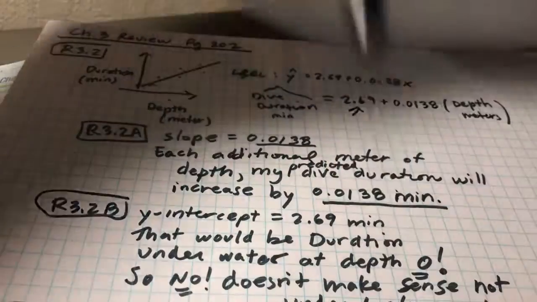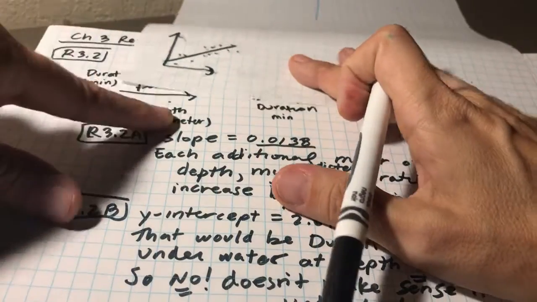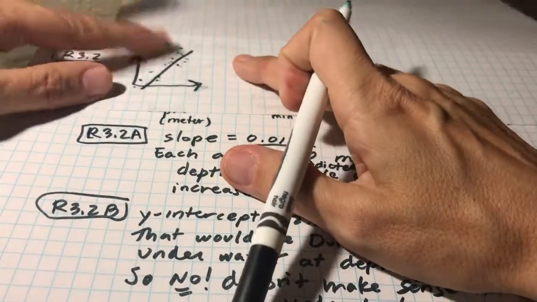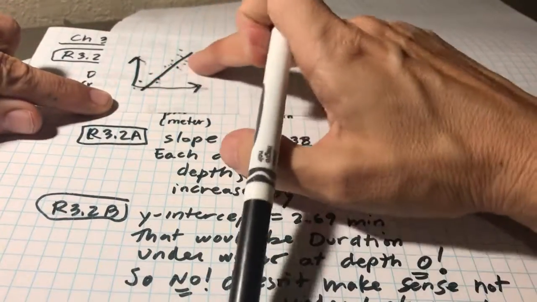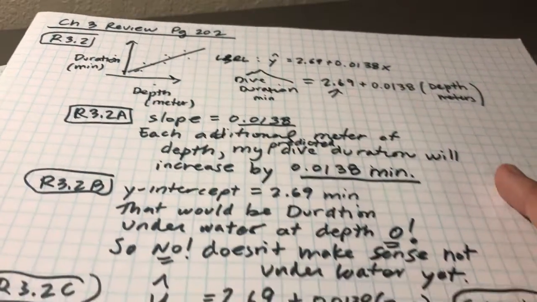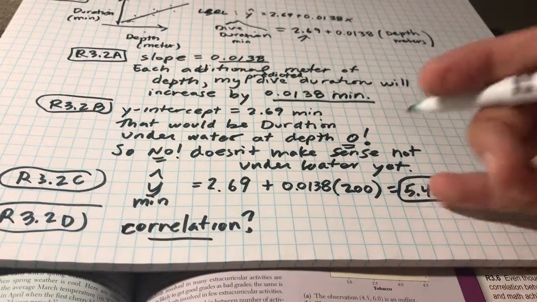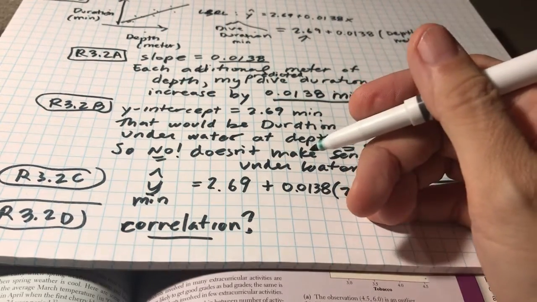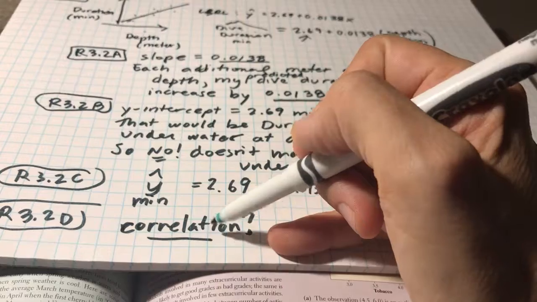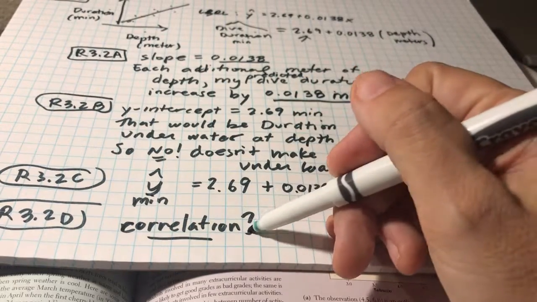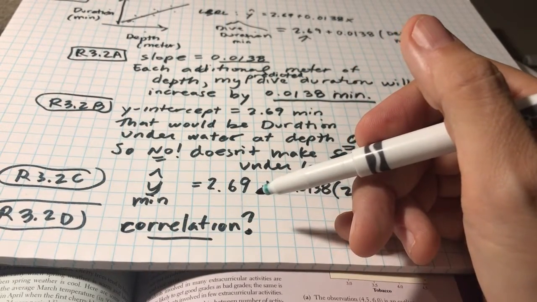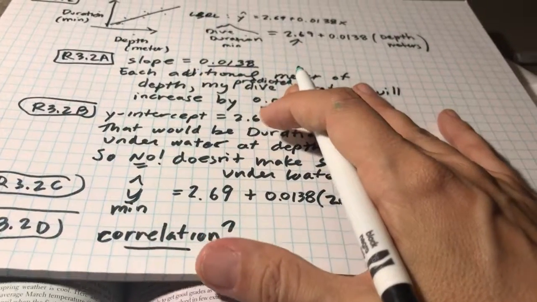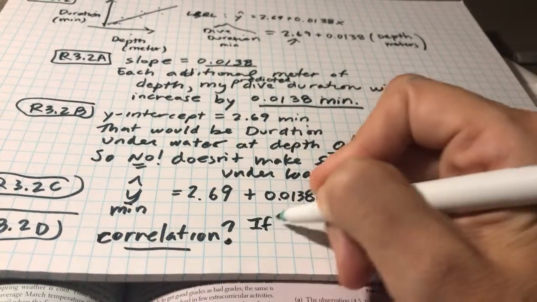When I flip the x and y, so that's depth and duration, if I decide to put depth here, duration there, yes, it affects my slope, but it doesn't really affect the distance the dots are away from the line. The residuals should all be the same. Since r is made up of my residuals, it shouldn't change. So let's write out the answer.